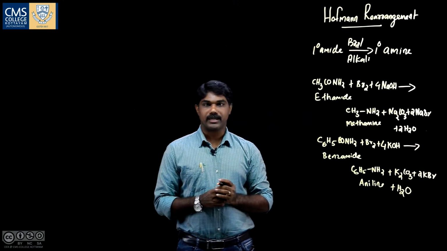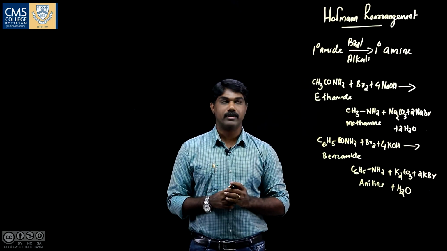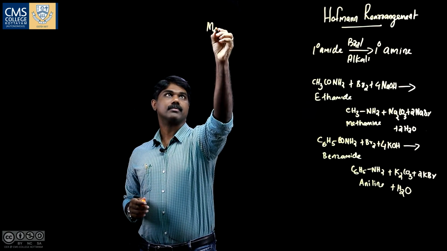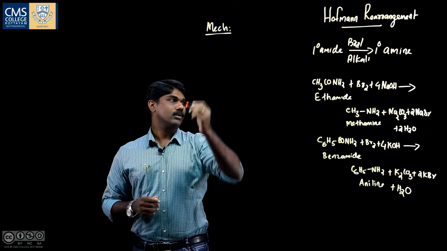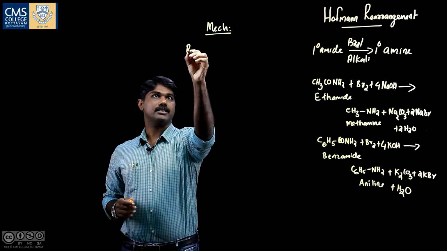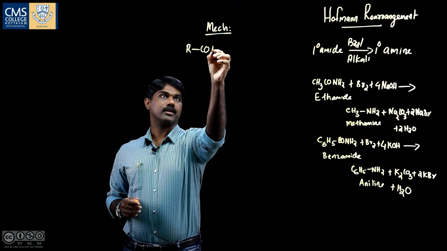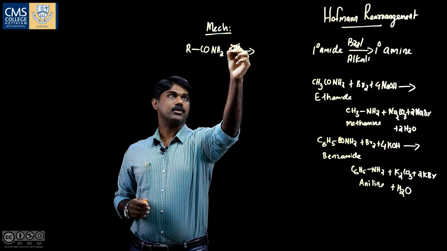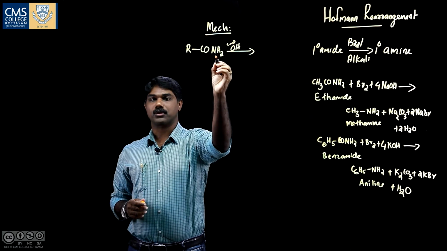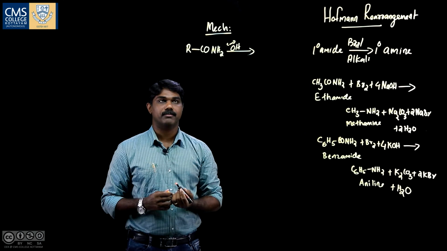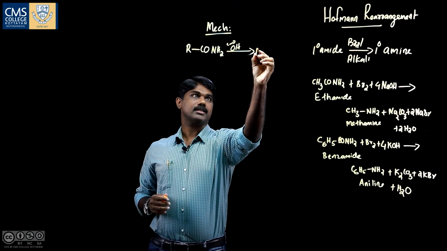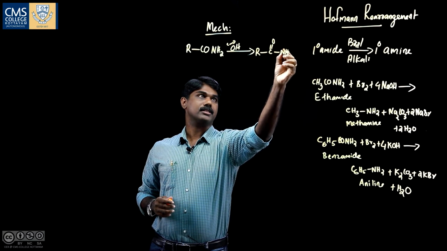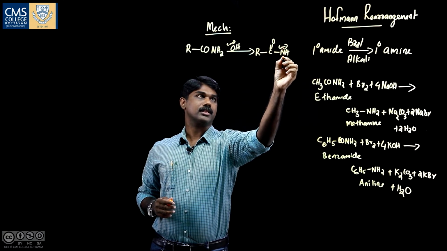Okay, now let us see the mechanism of this Hofmann-Bromamide reaction. Let us take a general amide, RCONH2, which on first deprotonation, one proton is deprotonated from this NH2 group, and we get RC double bond O, here we have NH with a negative charge.